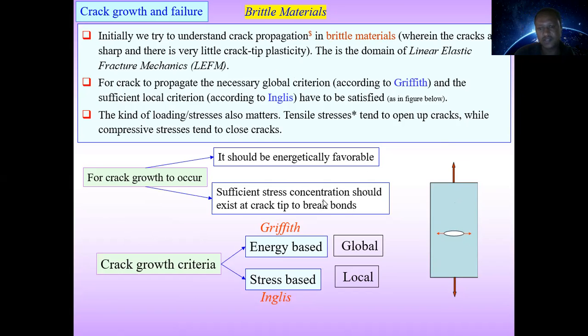Sufficient stress concentration should exist at the crack tip to break bonds, and the crack growth criteria should be fulfilled: according to Griffiths, the energy-based or global criterion, or according to English, the stress-based or local criterion, should be fulfilled.